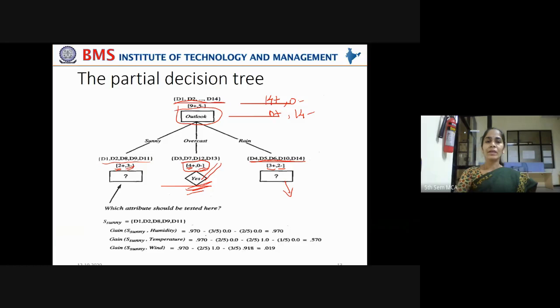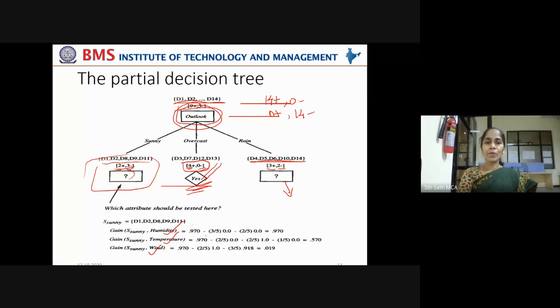Right? Now, see this. For this particular node, information gain is again calculated. How is the information gain calculated? Now, out of the 4 attributes, outlook is already used. So what are the remaining attributes you have? Humidity, temperature, and wind.